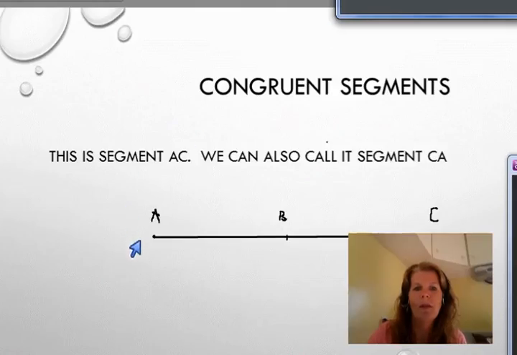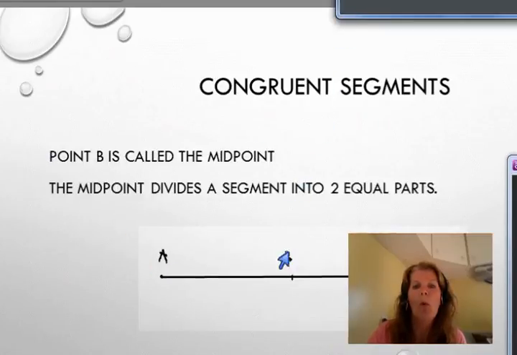Okay, so this is the segment AC. I could also refer to it as CA because I can name segments using either endpoint. Point B on this segment is the midpoint. A midpoint divides a segment into two equal parts.